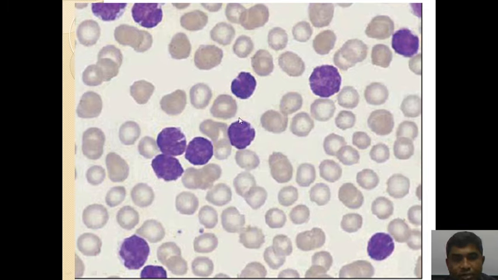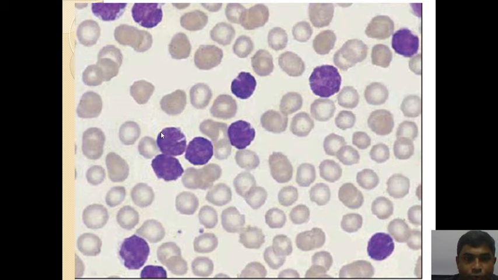So this is the characteristic morphology of these cells. This picture shows a case of follicular lymphoma. The important morphological feature is the presence of these lymphocytes with this cleaving or indentation. You can see the nucleus here and scant cytoplasm.